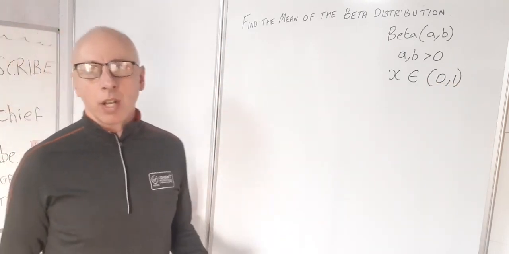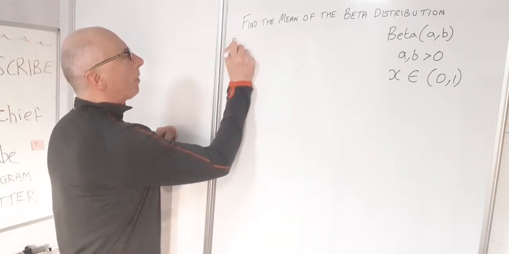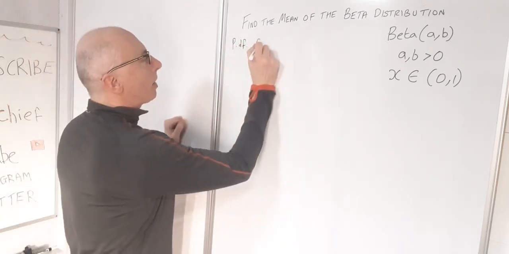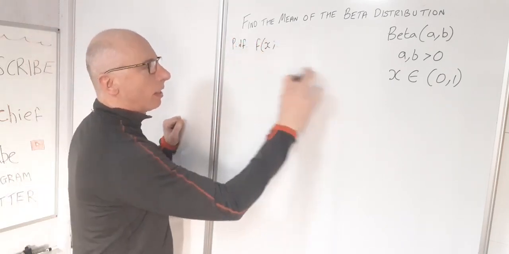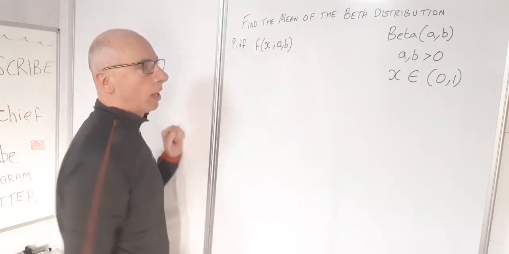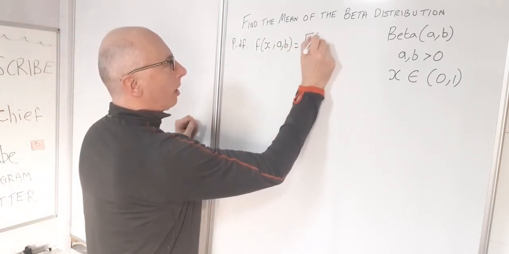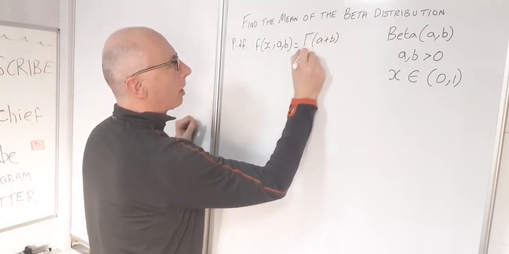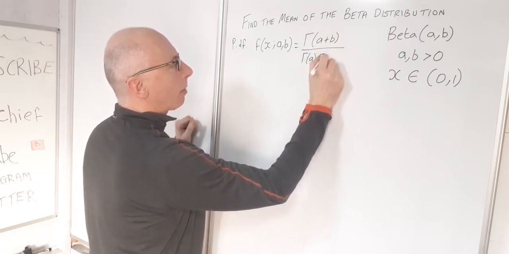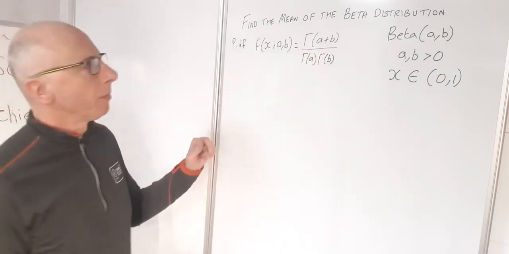The next thing we need to know is what the probability density function is. So the PDF, we can write that as f(x) given a and b, which are our parameters. This is written as gamma(a + b) divided by gamma(a) times gamma(b), and then next to that comes a polynomial.